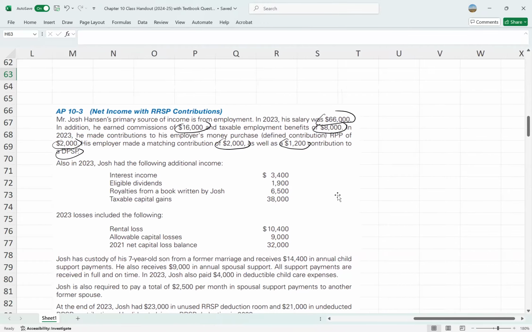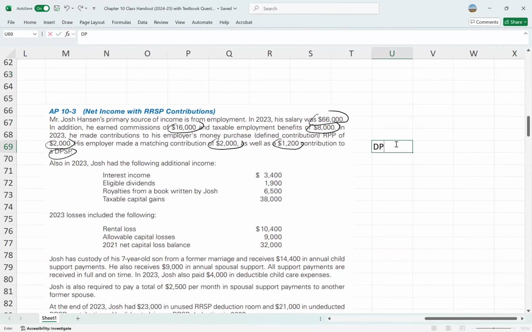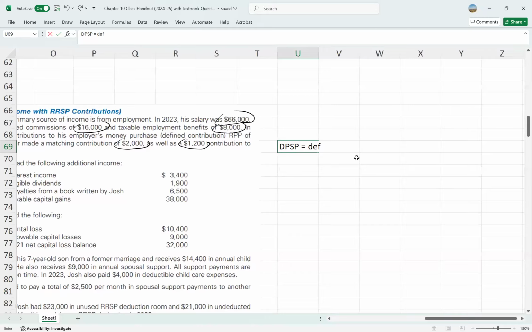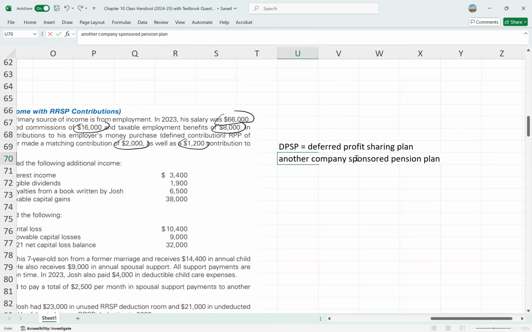So this DPSP, let me just sort of make some notes here, stands for Deferred Profit Sharing Plan. So this is also another sort of company-sponsored pension plan, but it's usually sort of geared towards senior executives.